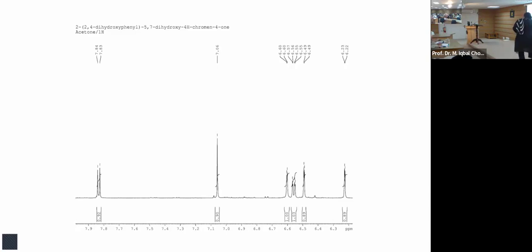Oh, okay. So you have discussed the Pascal triangle and the n plus one rule. But here the protons are not following the n plus one rule. When it is a doublet of a doublet, it means you have a doublet here, and then you have a double doublet.